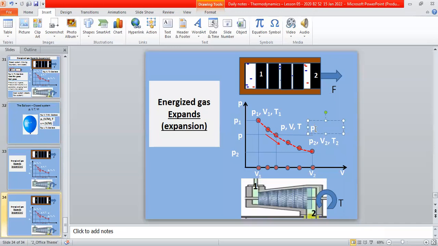P average. Let's say PA, where A is average.